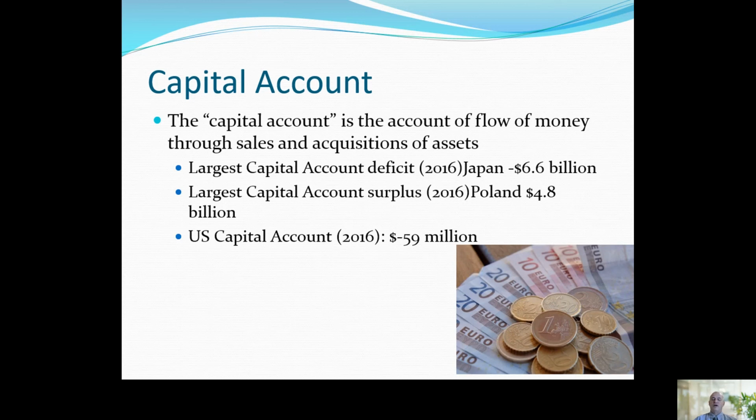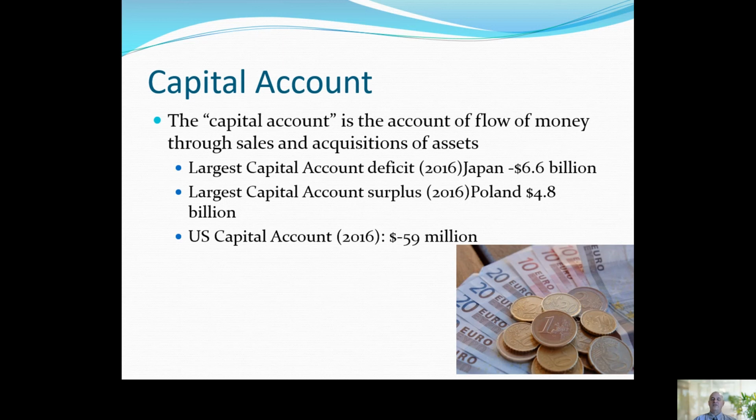And so in 2016, Japan had the largest capital account deficit, extremely large. They were going through a time period in which people in Japan were losing faith in what was happening in their economy. And so there was more investment leaving Japan than coming into Japan.